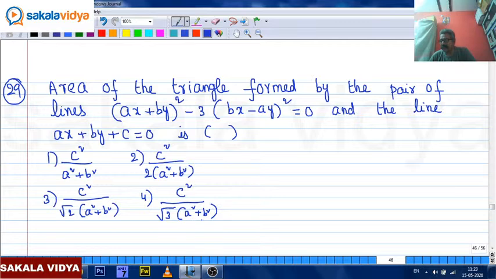This is a conceptual question. That means we have one formula. Then you will decide it now.